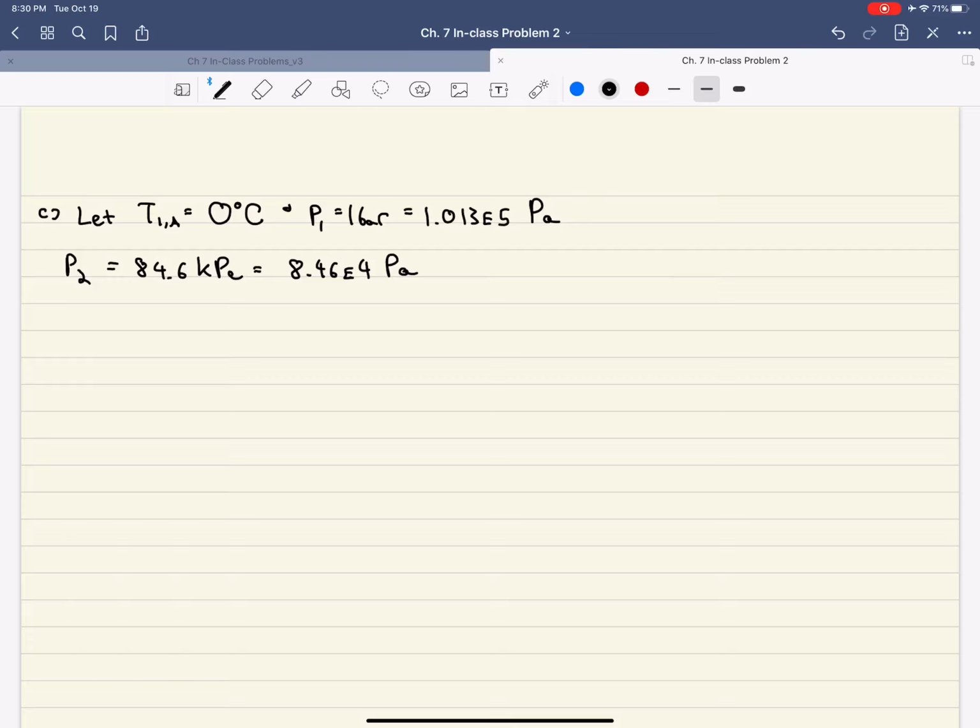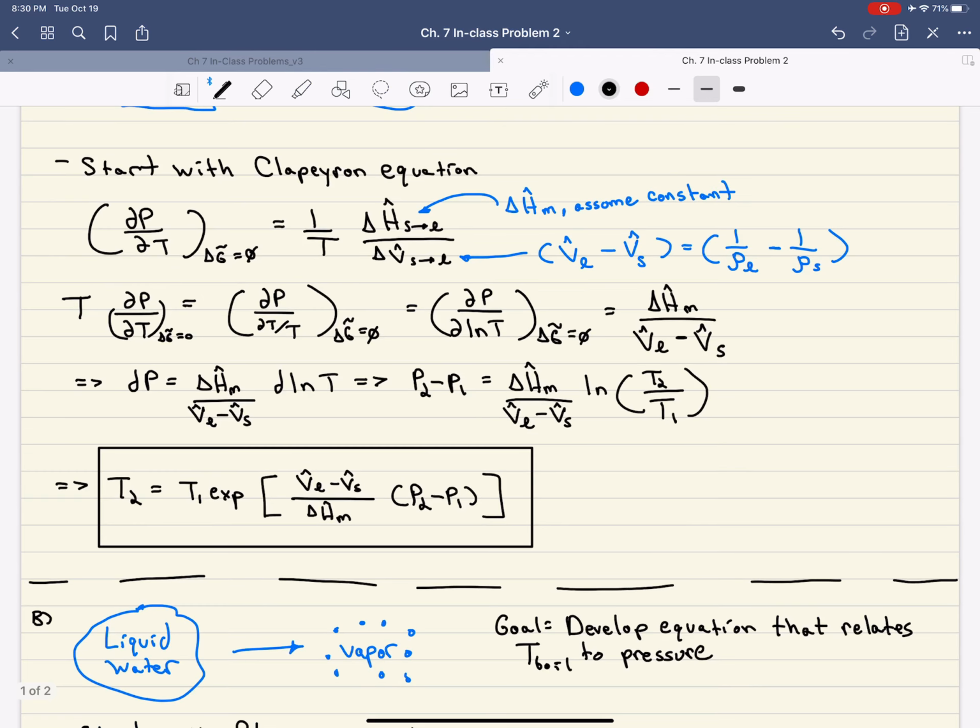In any case, to find the new freezing point, we just need to take our answer from part A and plug and chug. So here's our equation for part A. We know these pressures, we know this temperature, and we know all these values, so all we need to do is plug in.